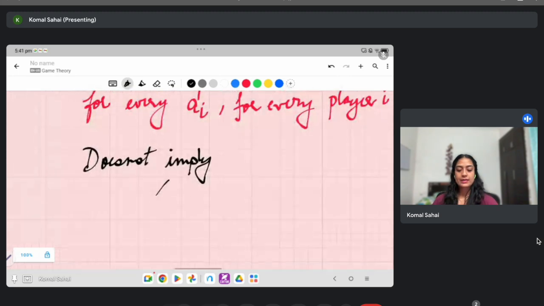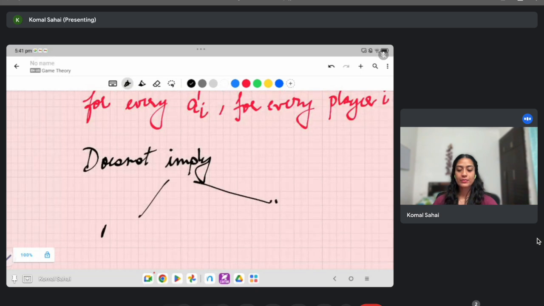The first thing is that a Nash equilibrium exists. There is no guarantee that a Nash equilibrium will exist in the way that we have defined. There is also no guarantee that a Nash equilibrium is unique.